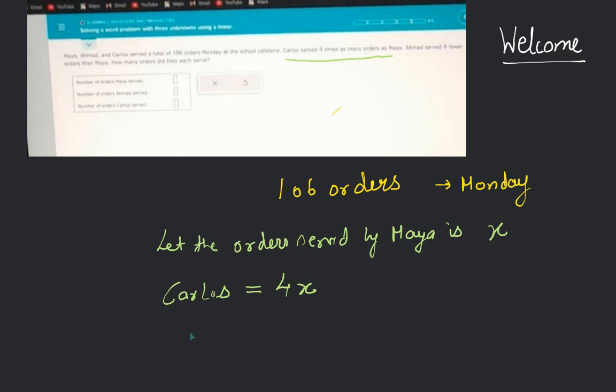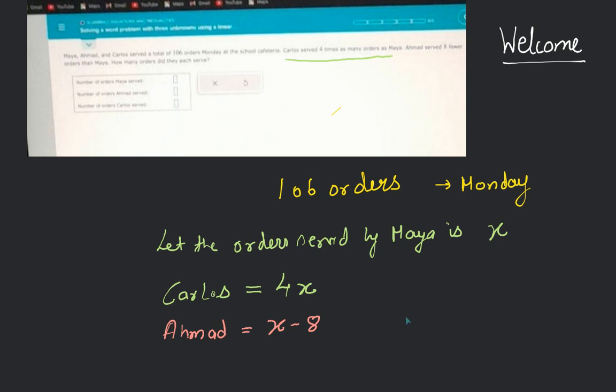And Ahmad served 8 fewer orders than Maya. 8 fewer means he served fewer orders, so we write it as X minus 8, because Ahmed has served some lesser number than Maya.